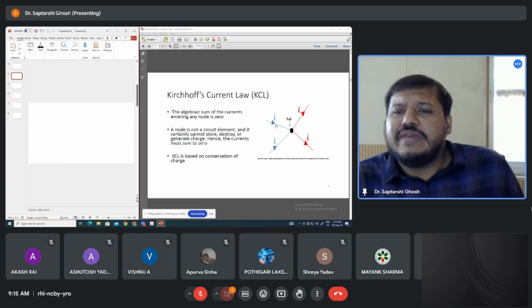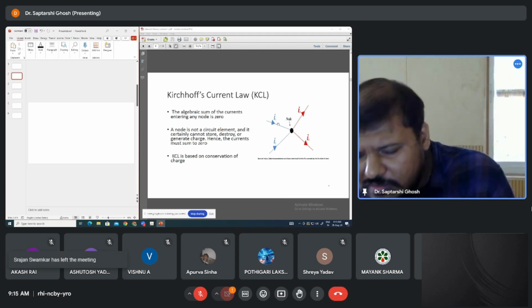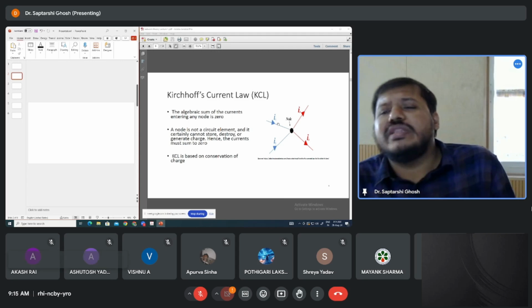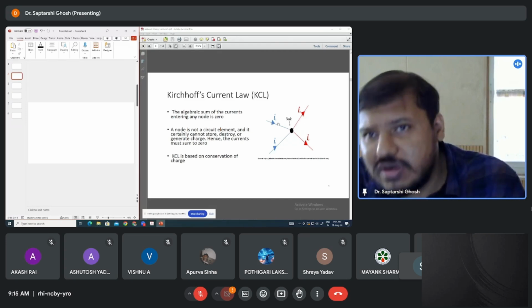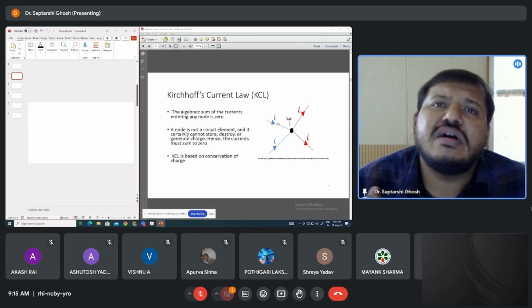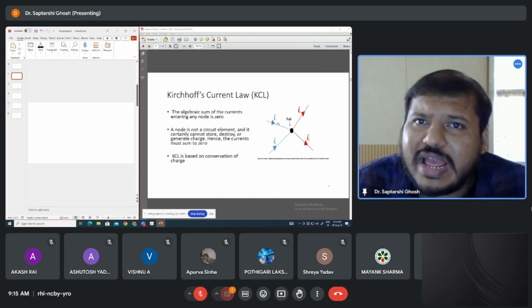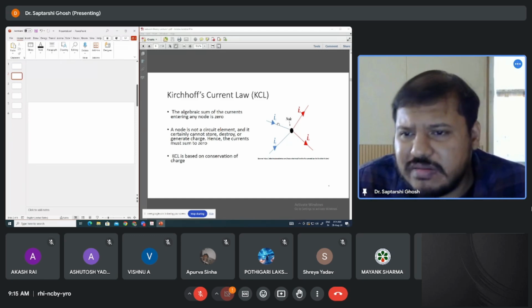So the sum of all the currents coming into a particular node will be equal to all the currents going out of that node, because of the conservation of charge, and because a node does not have any energy or charge storage capability.